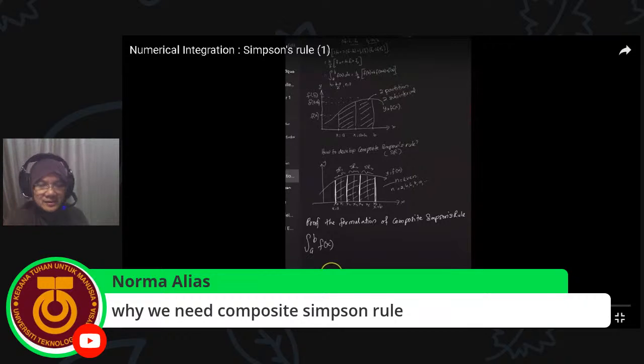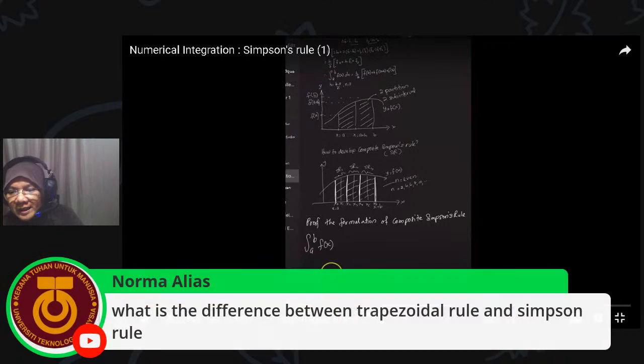We want to reduce the error. Same as the trapezoidal rule, we want to reduce the error between the trapezium and the curve y equal to f(x).